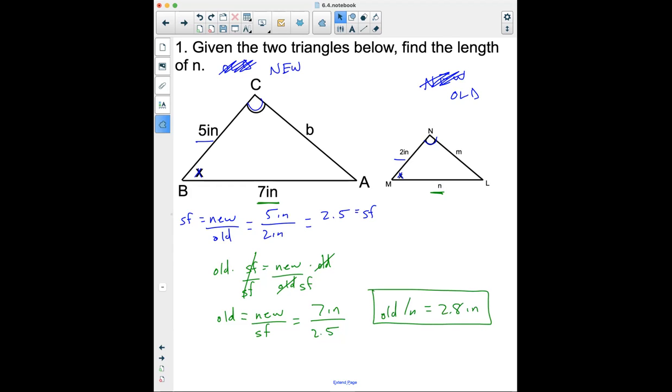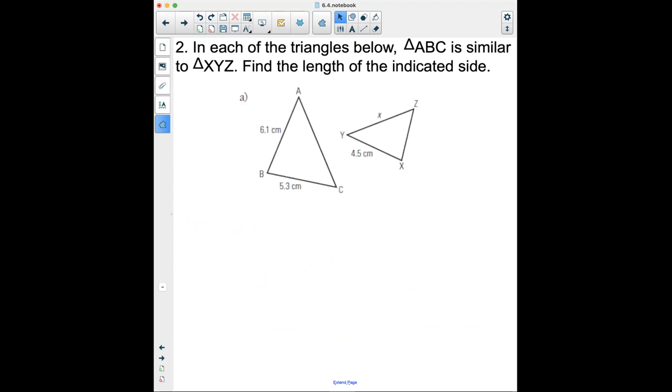All right, just a little bit of a review of what we've been doing for the last couple of days of this week. Now we're just doing this with triangles. In each of the triangles below, triangle ABC is similar to XYZ.